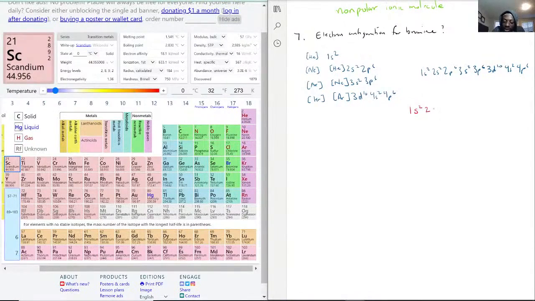So 1s2, 2s2, 2p6, 3s2, 3p6, 3d10, 4s2, 4p5.